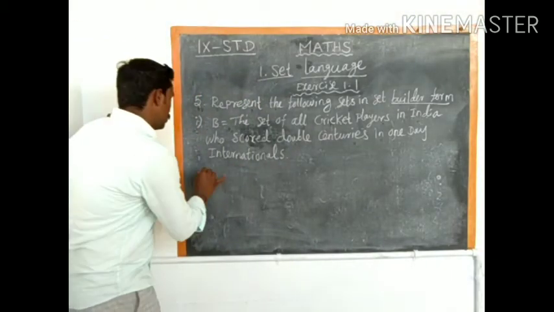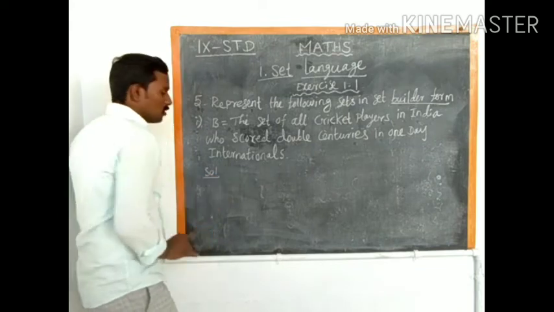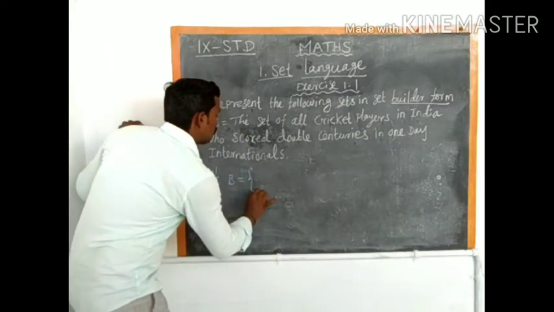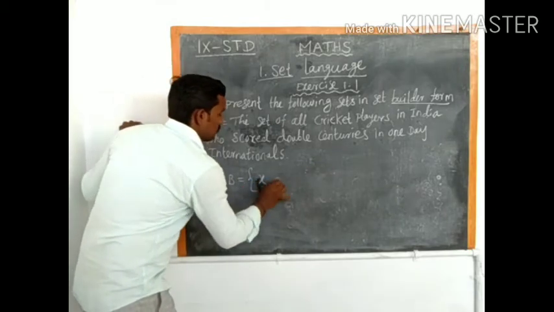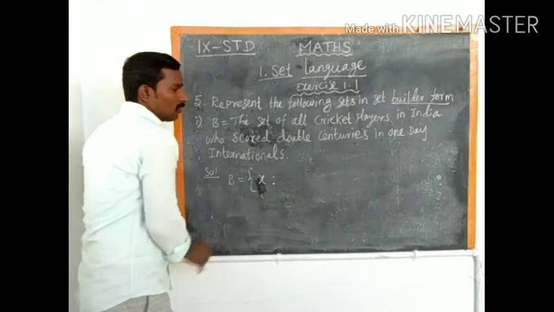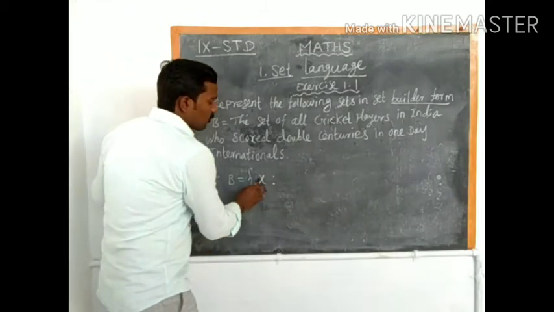Okay, this is your question. The solution is, this is a rule method. So the set B is equal to the set of all x such that, under the rule I define the x value.